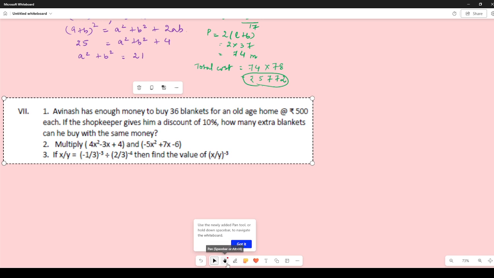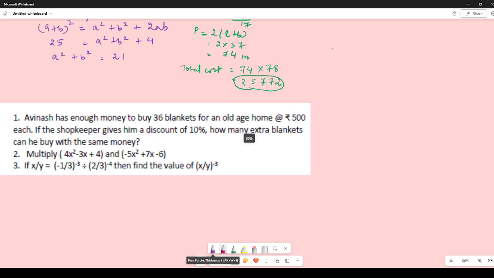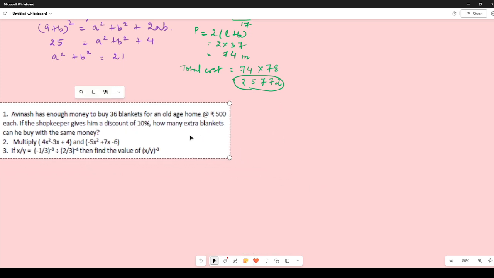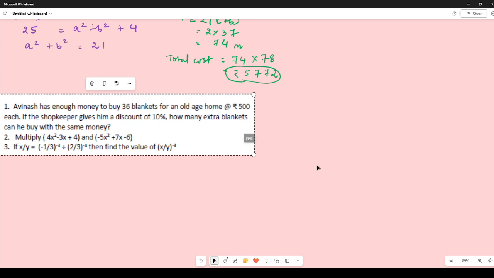Avinash has enough money to buy 36 blankets for an old age home for 500 rupees each. So he has enough money to buy blankets at rupees 500 each. So let us first find out how much money he has.